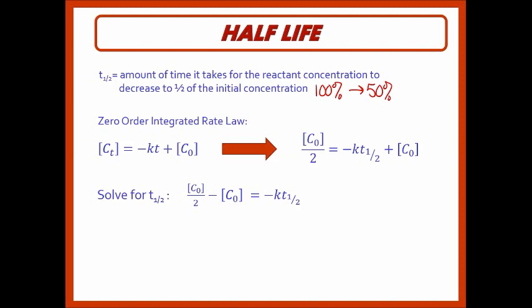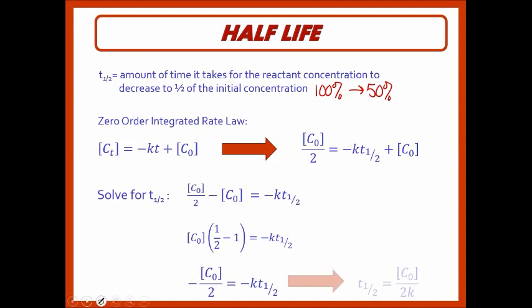the opposite side, and then we can factor out the initial concentration of the reactant, leaving us with 1/2 minus 1 in parentheses, and that's going to be equal to the negative rate constant times the half-life. Now remember that 1/2 minus 1 is actually just negative 1/2, so multiplying this initial reactant concentration times negative 1/2, we get negative initial reactant concentration over 2 is equal to our negative rate constant times the half-life.